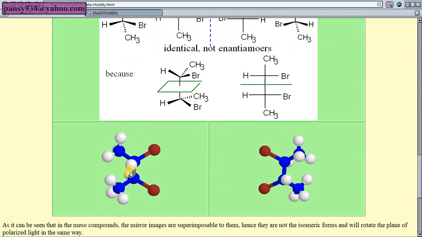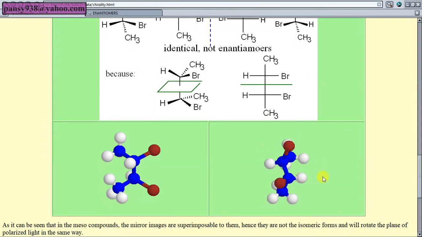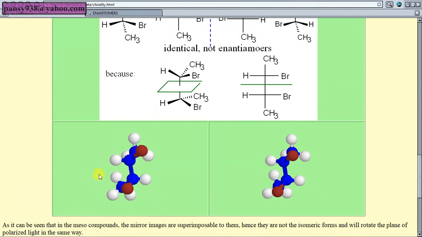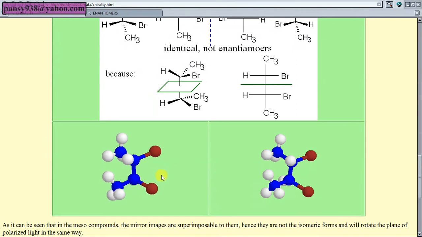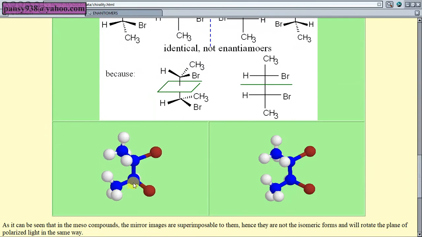And the PDB molecule also reveals that they are the same compound, and they are superimposable on each other. Such compounds are called meso compounds.